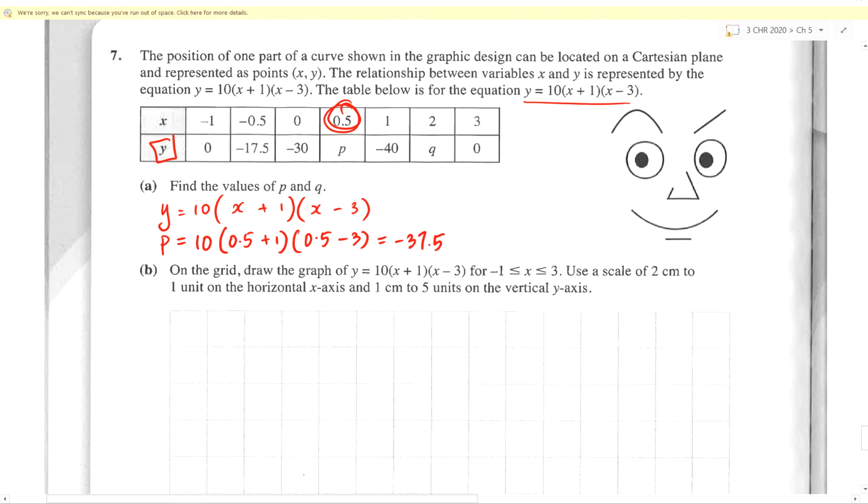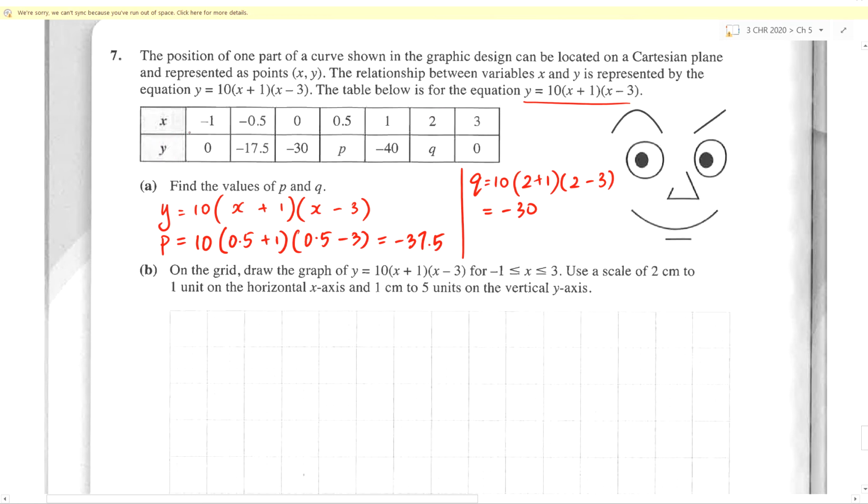We do the same for q. Okay, so now q is equal to 10 times x. Now instead of writing x, we are going to write 2 plus 1, then multiply by 2 minus 3. This gives us a value of negative 30.